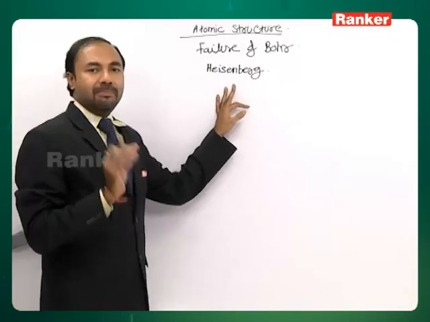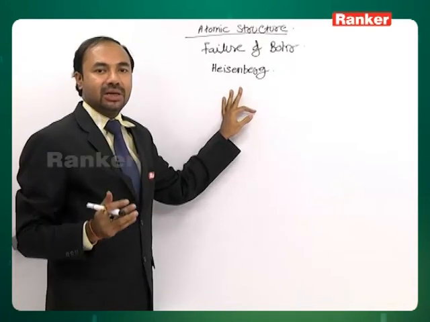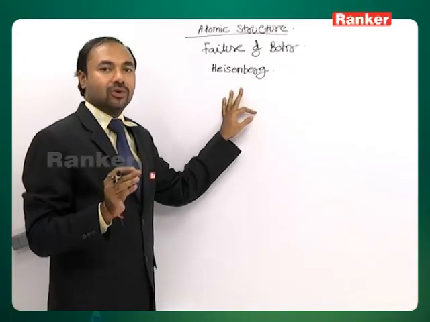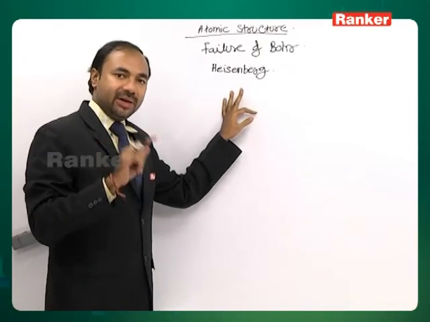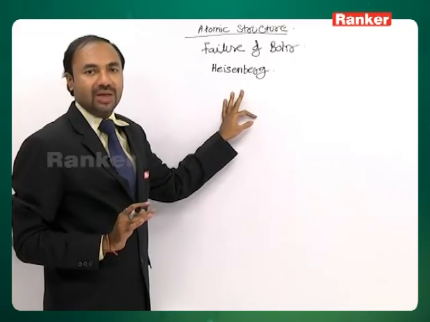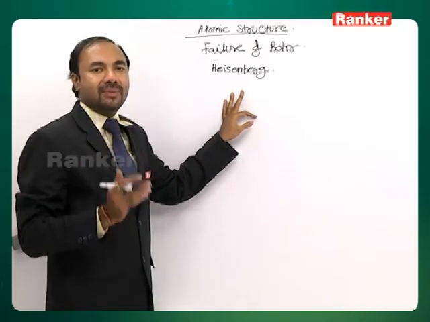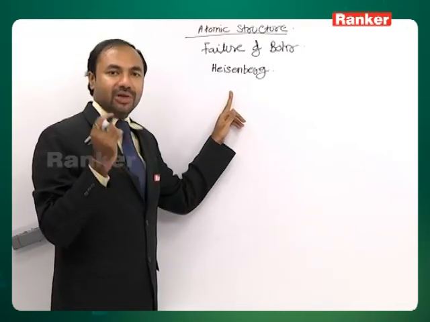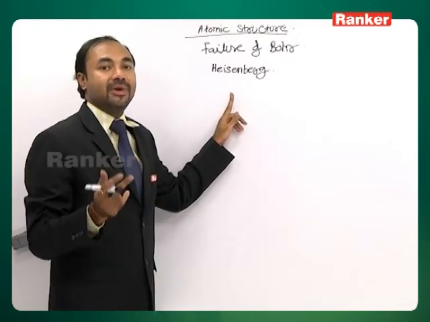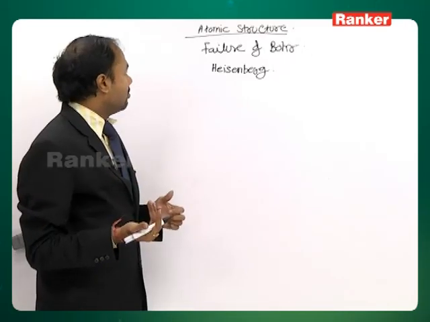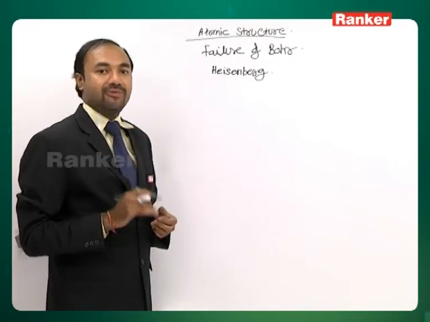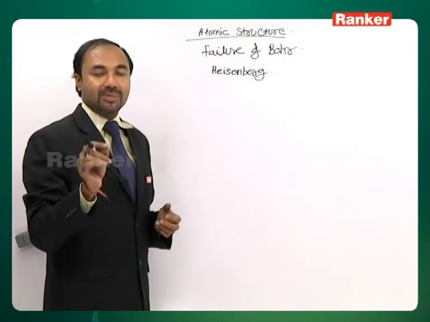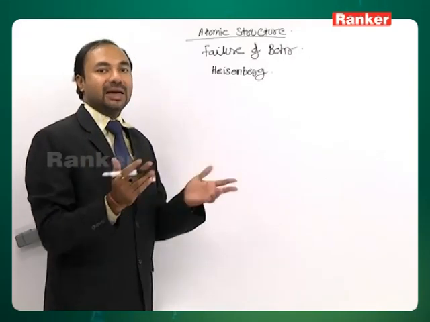Heisenberg said that it is impossible to measure the velocity and position of an electron or a subatomic particle simultaneously and precisely. You can never measure them precisely and simultaneously. But Bohr did the same thing. He found the velocity as well as the distance from the nucleus of the electron perfectly and precisely.